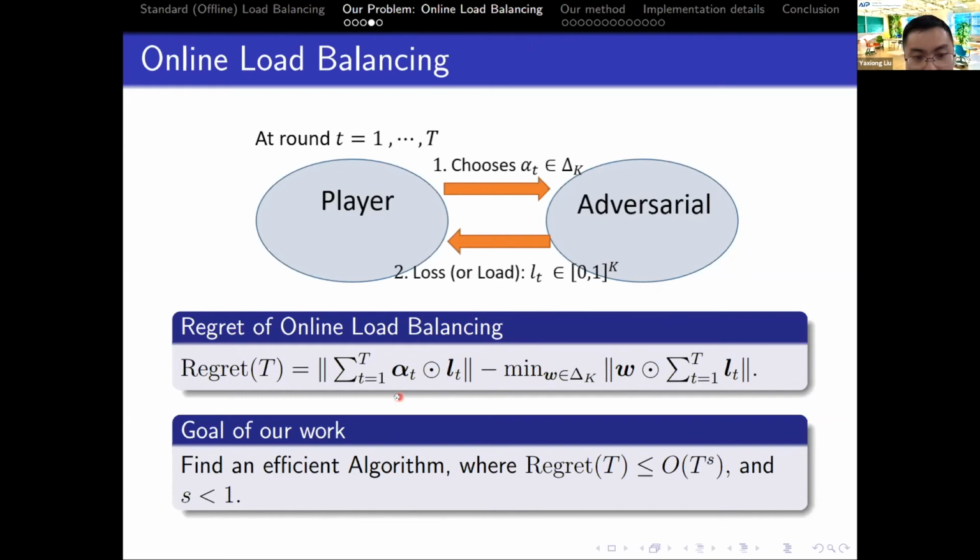Our goal is to propose an efficient algorithm where the regret is bounded by order T to the power s, and s is smaller than 1, also called sublinear. Here, efficient means that this algorithm runs in polynomial time for each round t. This is also an important point in our paper.